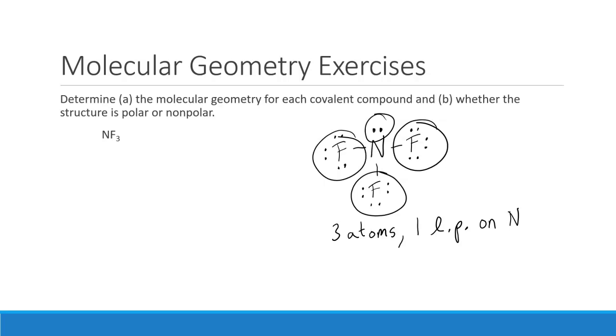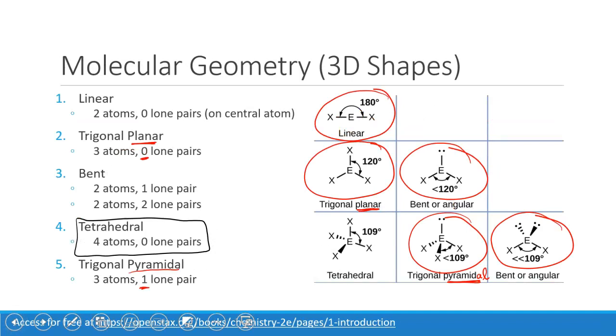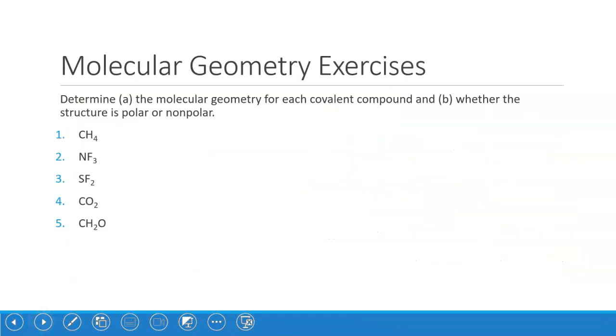And then looking back at that table, if we have 3 atoms and 1 lone pair, that is our last structure, trigonal pyramidal. 3 atoms and 1 lone pair. Trigonal pyramidal.